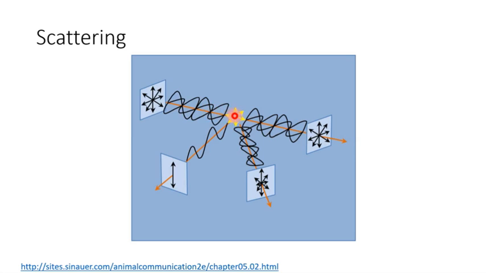So when an unpolarized light is incident on this body, what happens? This body emits radiation. This is the first radiation which is coming out. This is the second radiation, and this is the third radiation. All these radiations are emitted at different angles. Now when you look at this radiation, the one which is coming out here, it is unpolarized.